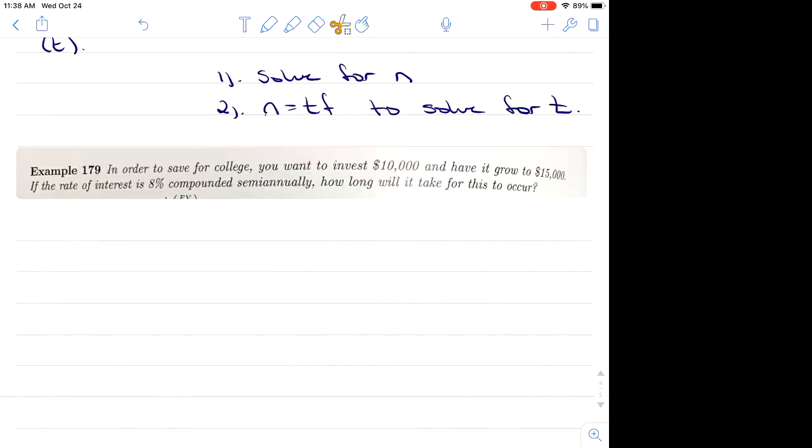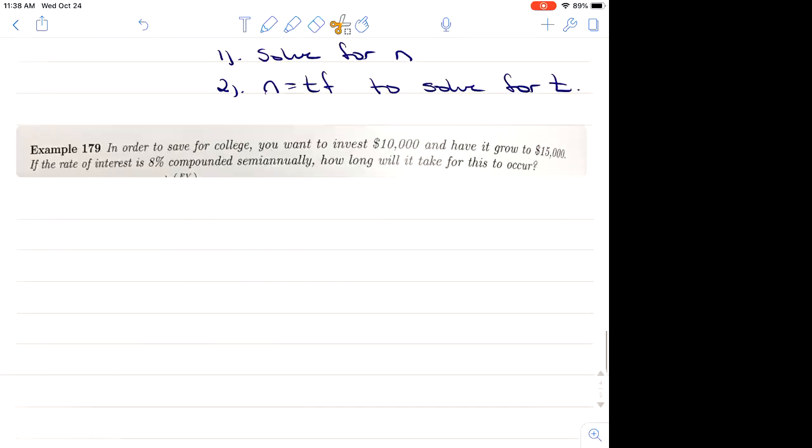It's not, as you all know. But anyways, if the rate of interest is 8% compounded semi-annually, how long will it take for this to occur? Right, so how long is it going to take? We need to know time. We don't talk in the number of compoundings, n. We talk in t, time. So the first thing we have to do is solve for n, and then we can solve for t. Okay? So let's map this out.